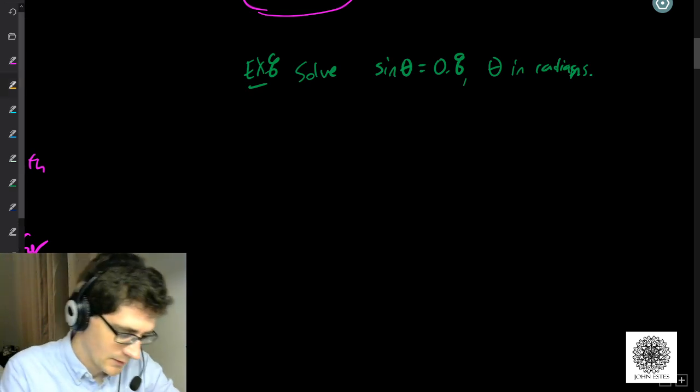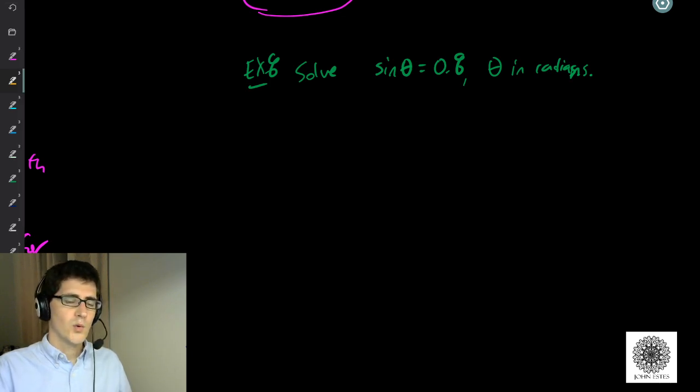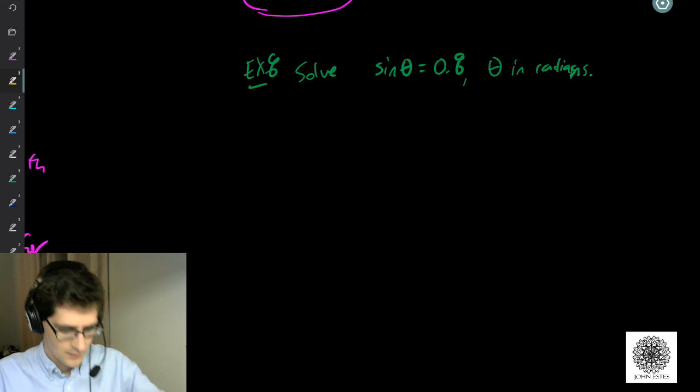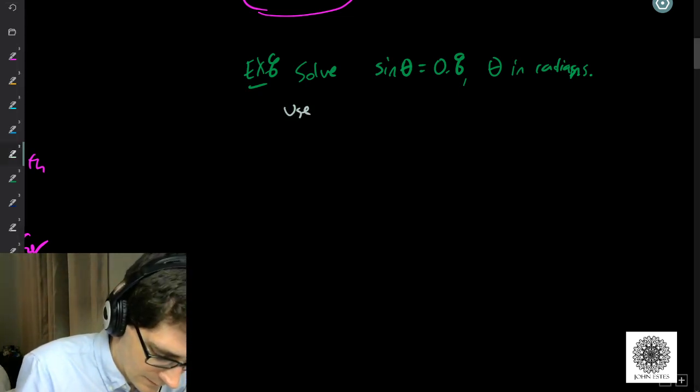Why do I say that? Because I don't know 0.8, that's like 4/5 or 8/10. That's not a common fraction involved with trig functions. In other words, sine of what common angle gives you 0.8? I don't know that one. So we're going to use sine inverse.